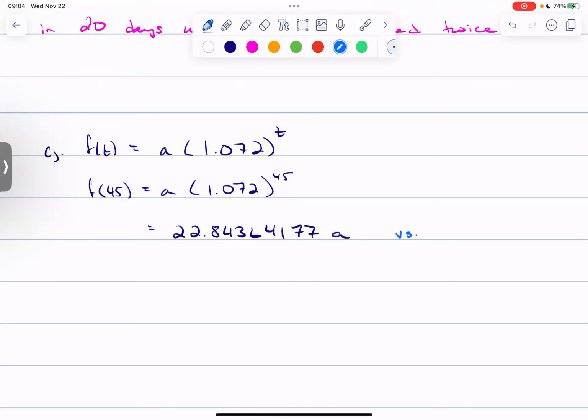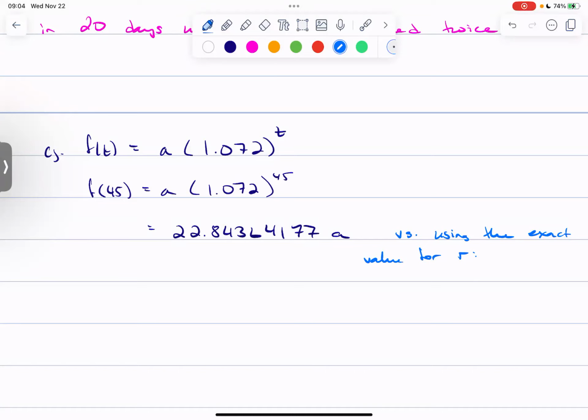Versus using the unrounded value. You know what? The exact value for r, I'm gonna have to do it. I didn't store it the first time, and that was my biggest mistake.